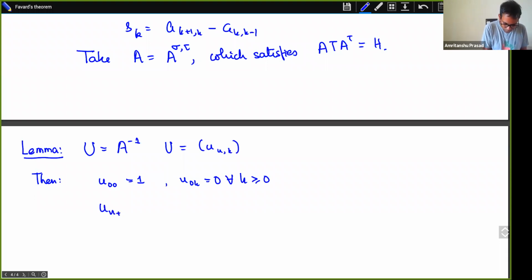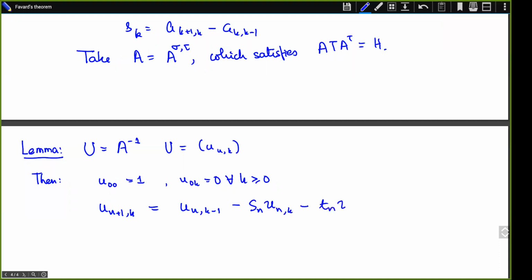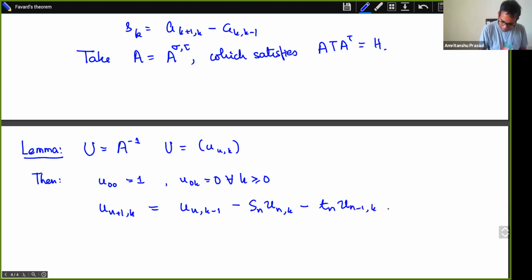And U_{n+1,k} can be written as U_{n,k-1} minus s_n U_{n,k} minus t_n U_{n-1,k} for all n greater than 0.